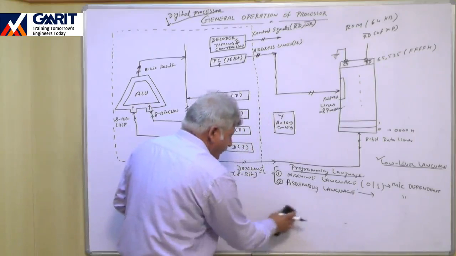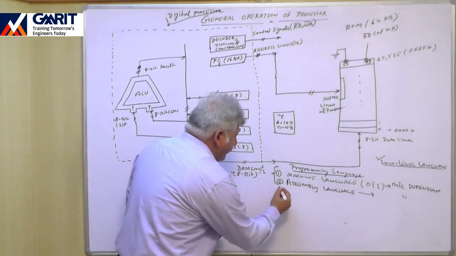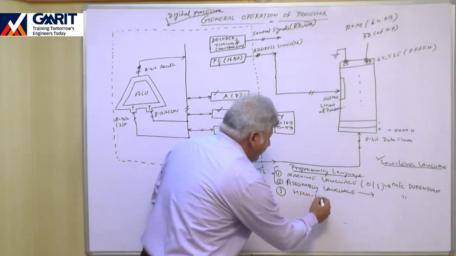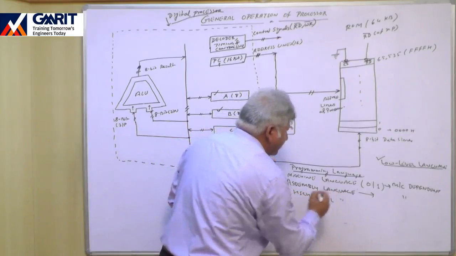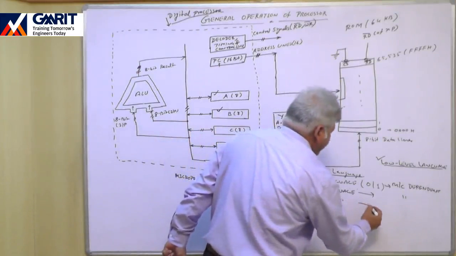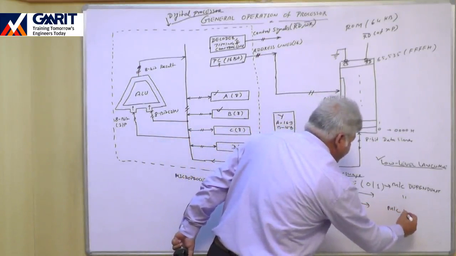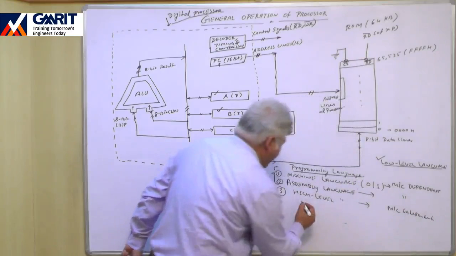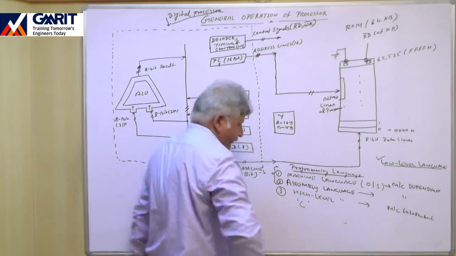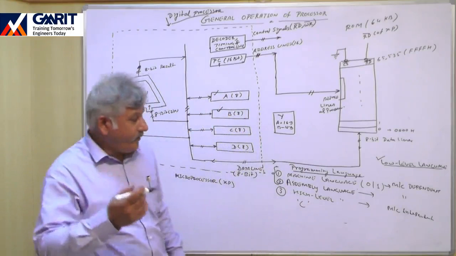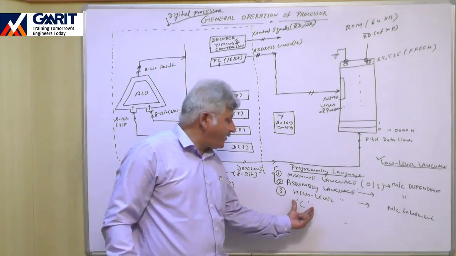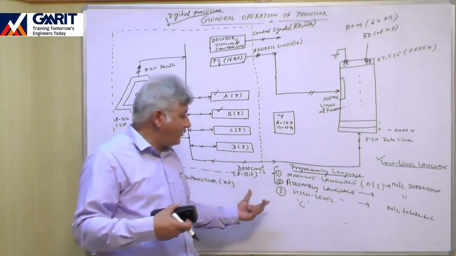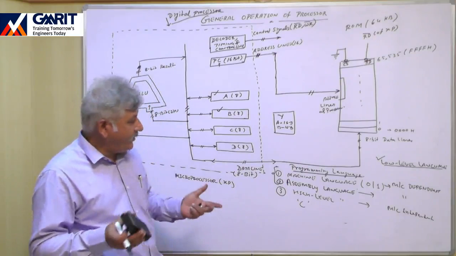Now the third programming language is high level language, and this is machine independent. For example, language C. When we write a program in language C, at that time we never mention that we have to add the content of A register or B register or C register or D register.